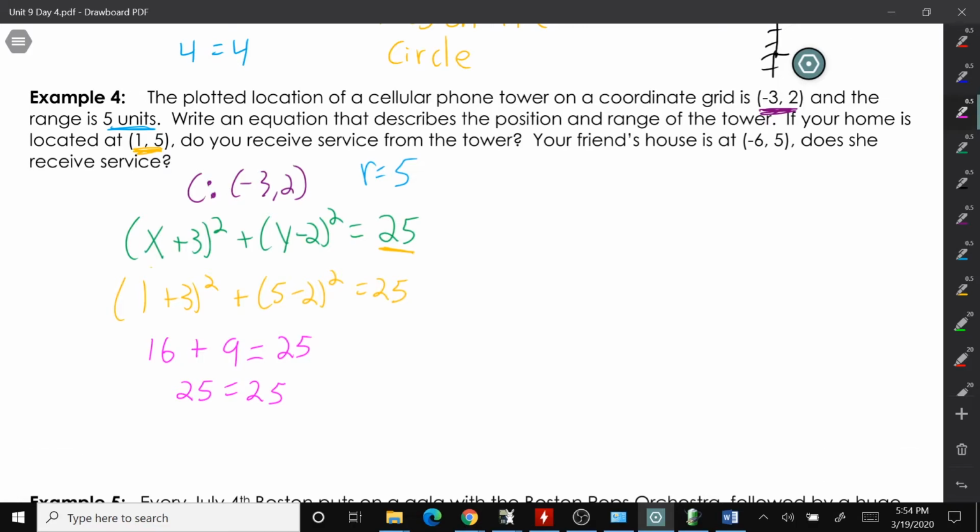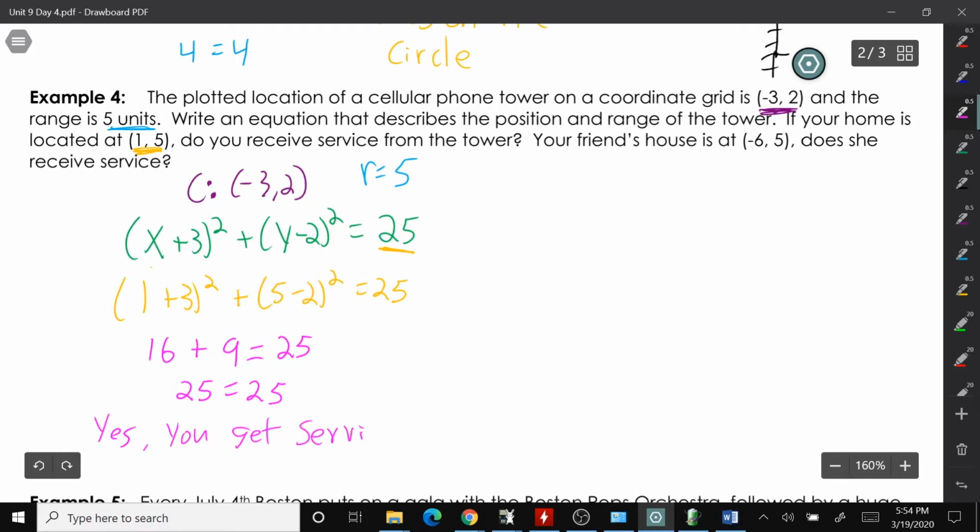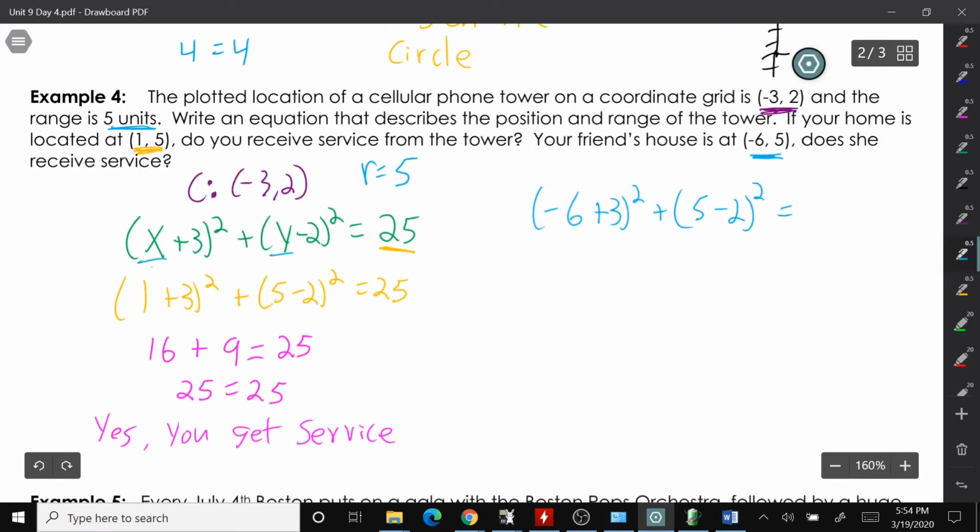It may not be the best service since you're at the very edge of that circle. So yes, you get service. Now your friend at negative 6 comma 5, we're going to plug that in for x and y. So negative 6 plus 3 squared plus 5 minus 2 squared equals 25.